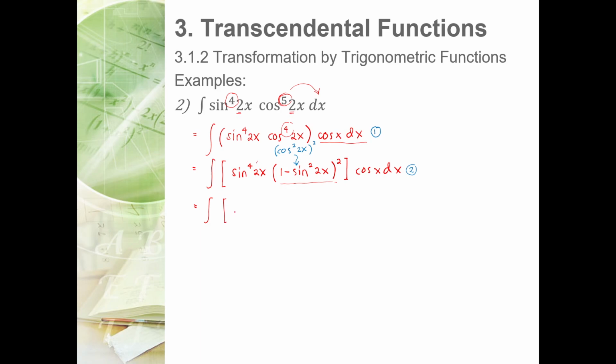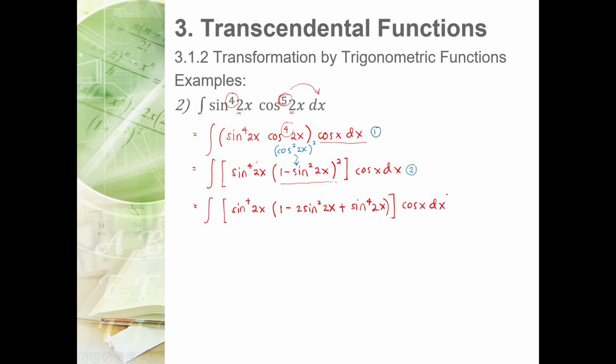So this will be sine to the power of 4 2x, and then 1 minus 2 sine squared 2x, and then plus sine to the power of 4 2x, and then cosine x dx.